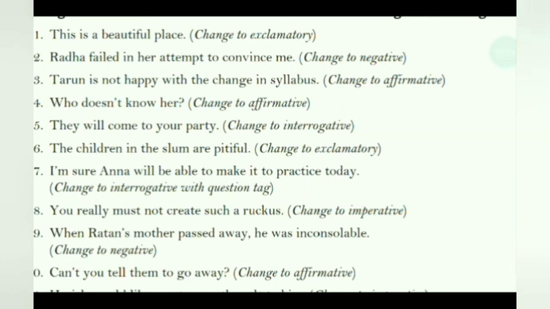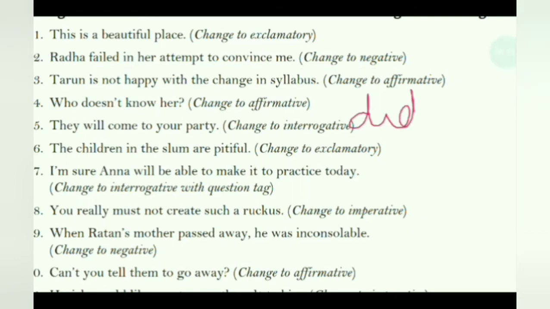And in that case, is would come after this. Clear? The next sentence is, Radha failed in her attempt to convince me. And the instruction here is to change it into the negative. As you may see, the verb is in the second form here. And if there is a verb in the second form, the negative of it would be did not.